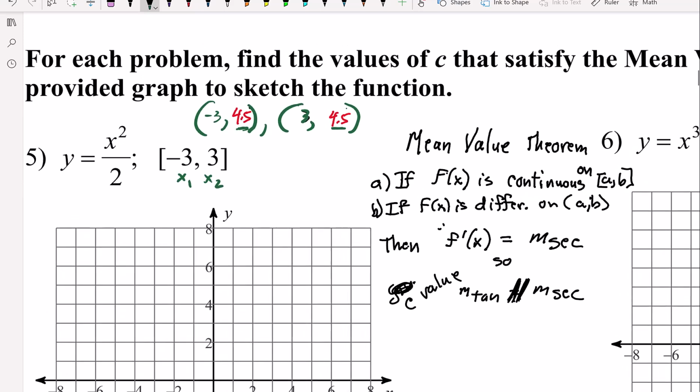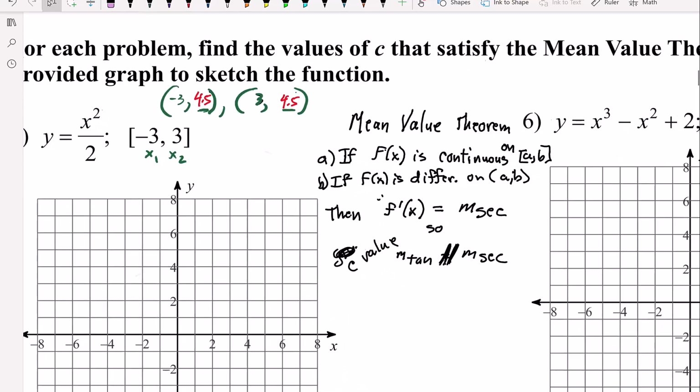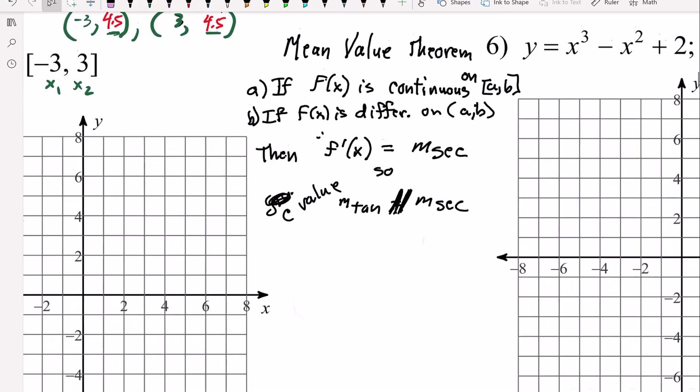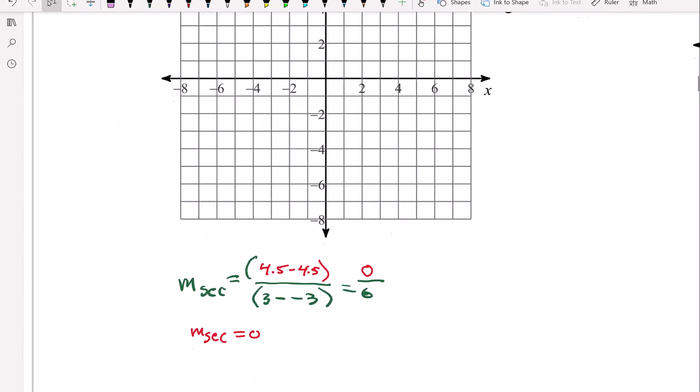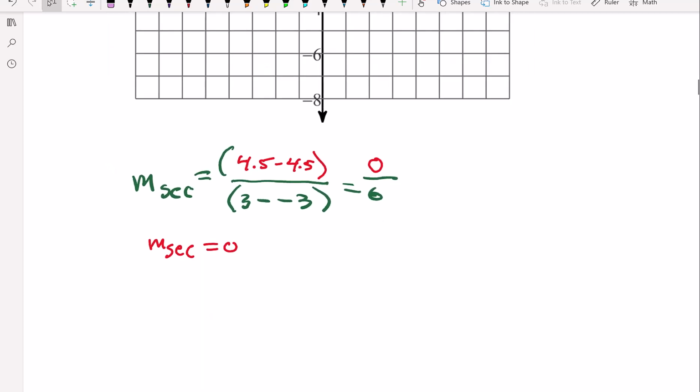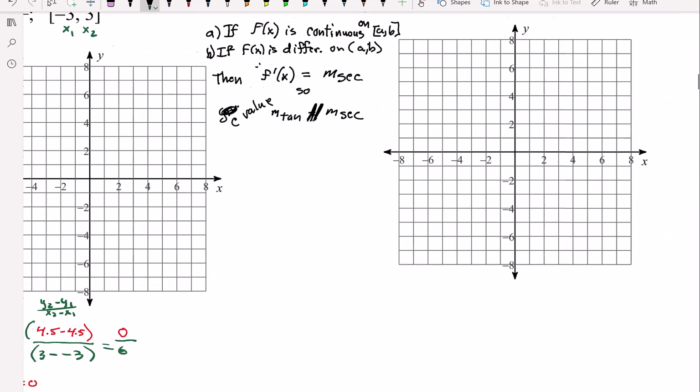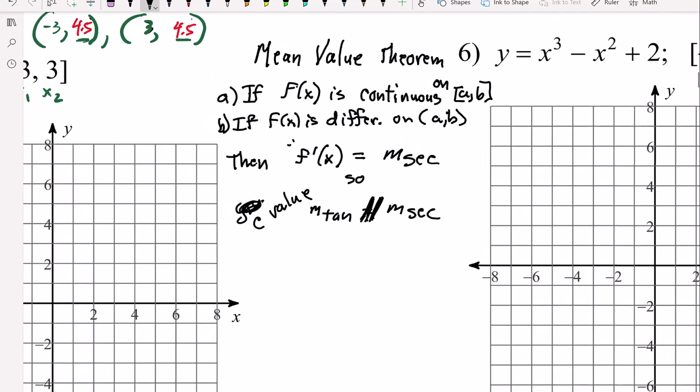Now we're going to find the slope of the secant line. We plug it into the slope formula, y2 minus y1 over x2 minus x1. We see that the slope of the secant line is 0, which is good because now when we find the derivative, we know that m secant is going to equal m tangent.